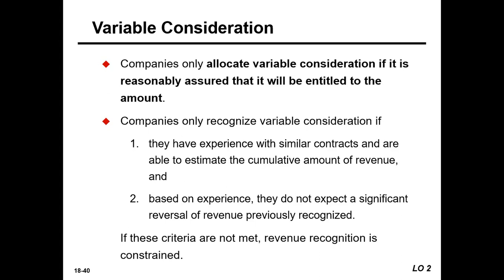If these criteria are not met, revenue recognition is considered constrained. So the two considerations must be met under variable consideration.